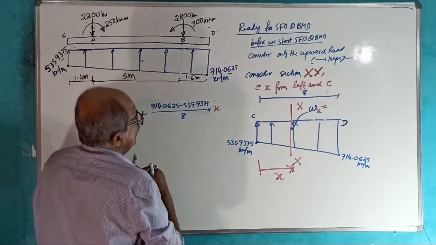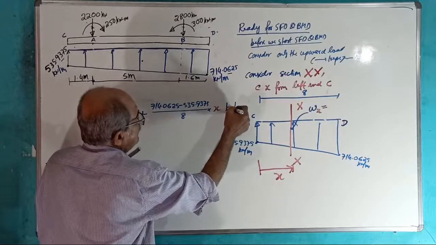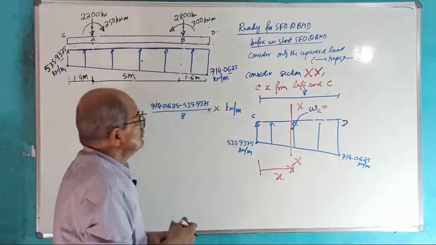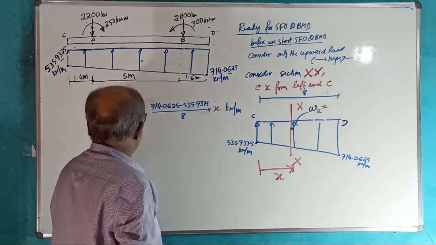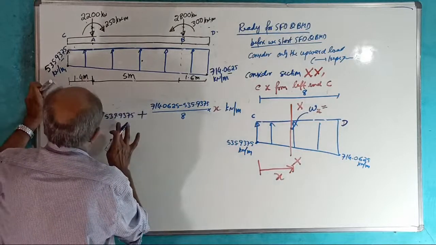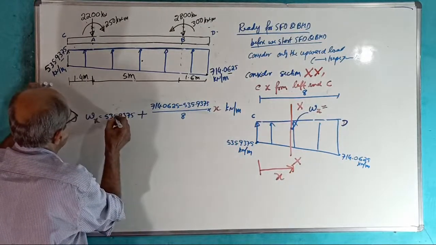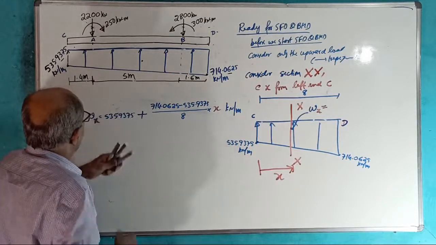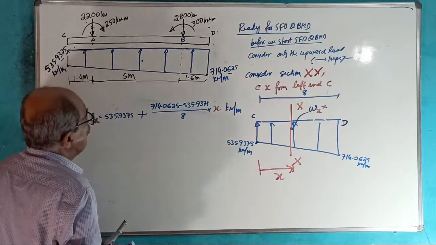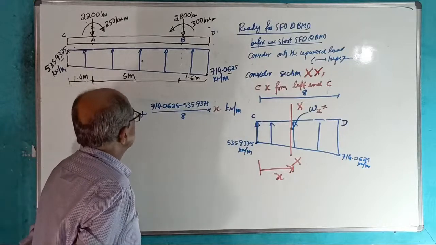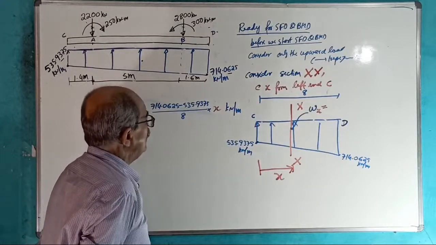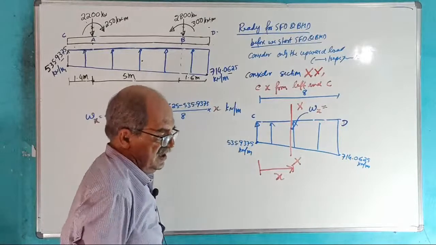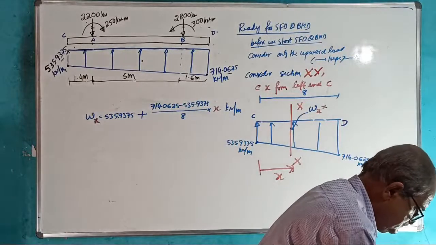This much kilonewton per meter. Fully clear?